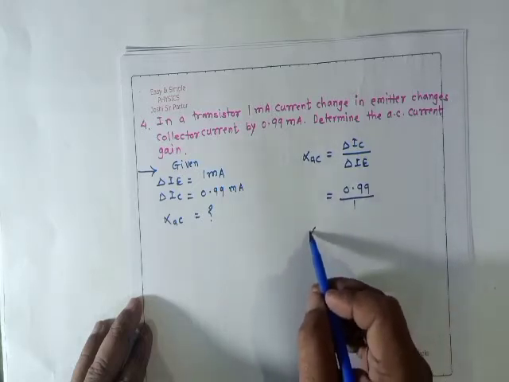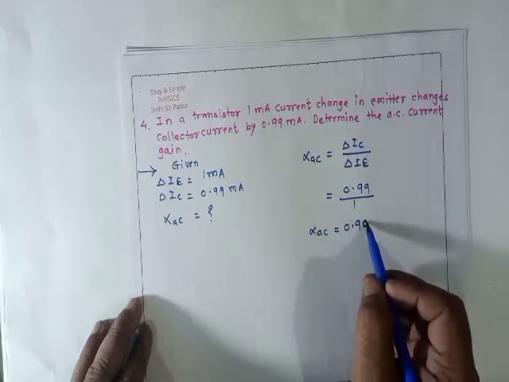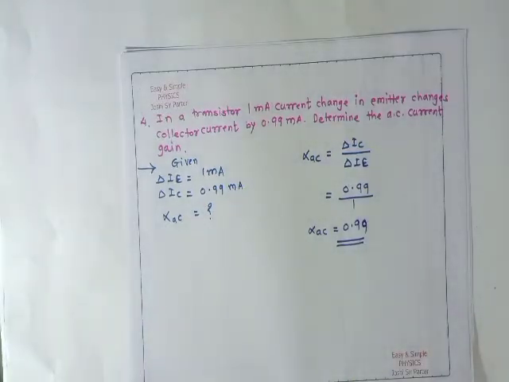So here alpha AC, that will be 0.99. We can remember current gain in AC will be less, whereas current gain in DC will be more. So let us solve another problem, then we see what will be changed.